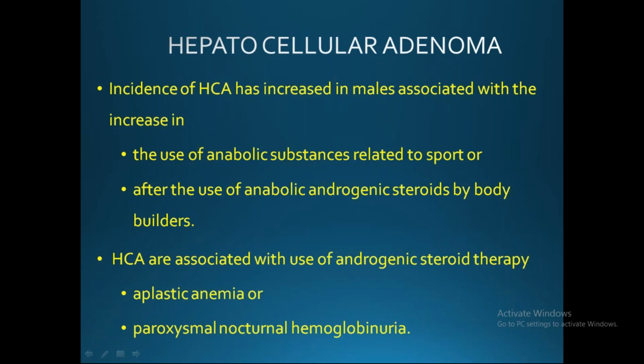Hepatocellular adenoma again has an increased incidence in males who are using anabolic steroids. For muscle building and improvement in sports, some athletes use anabolic steroids. This steroid usage can lead to hepatocellular adenoma in men also.